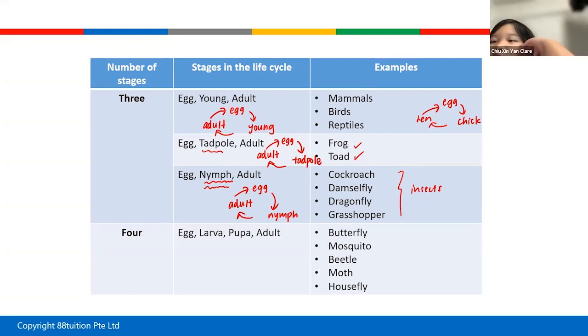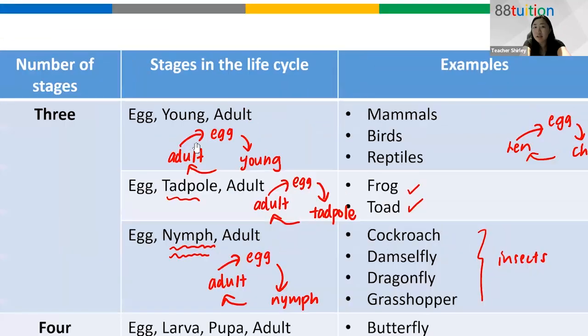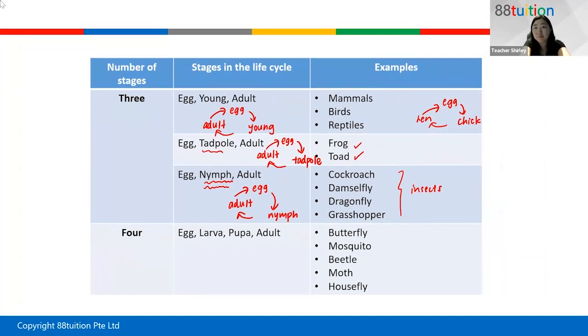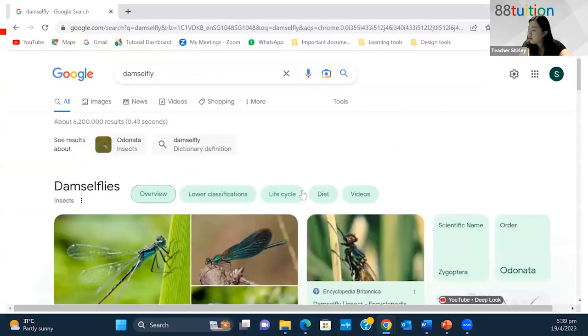What is damselfly? Damselfly, okay, I'll show you. It's similar to a dragonfly. It's just a bit longer in terms of its body. Okay, let me show you. Damselfly. Where is it? Damselfly. It's an insect that looks a little bit like the dragonfly, but it's just a little bit different.